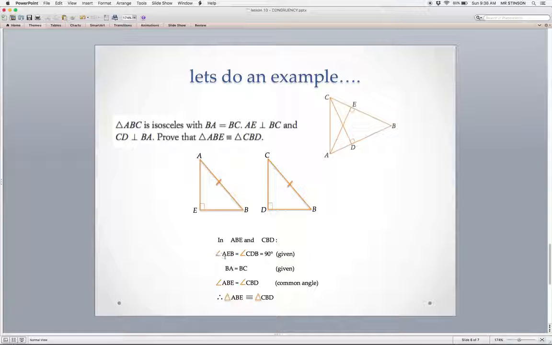Angle ABE, this one here, which we said is a right angle, is equal to angle CBD, also a right angle. So they are both equal to 90 degrees. Now our reasoning for this would be it's given. The question gave it to us, therefore we would simply write given.